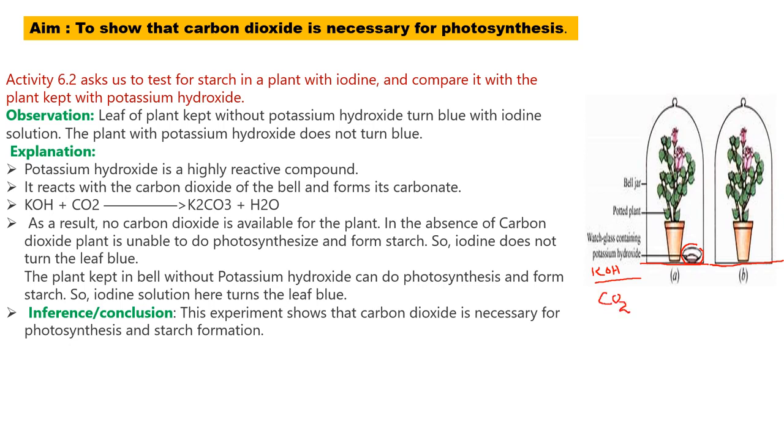Yes, KOH plus carbon dioxide forms K2CO3, potassium carbonate, and water, so that the carbon dioxide which was present initially in the bell jar is completely absorbed by this dish, okay, by the chemical. In this dish we have kept a chemical, right?